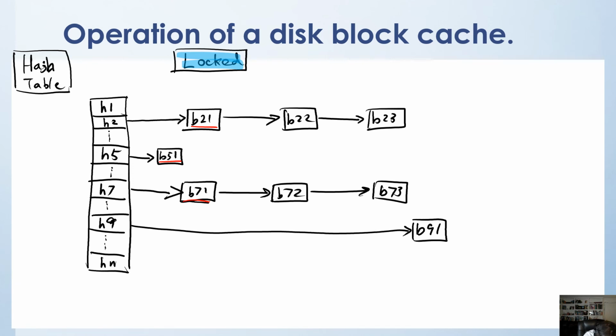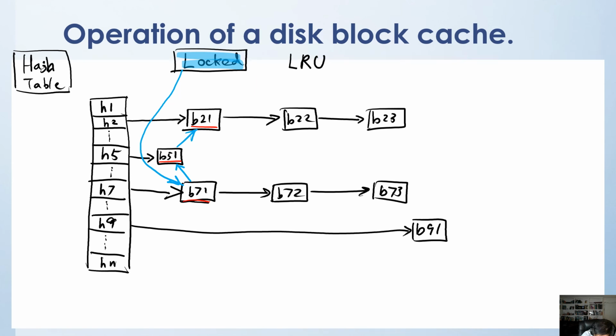Okay, they're linked, so that's a list. And then other blocks reside on a doubly linked list, sorted in LRU order. So LRU means the least recently used.